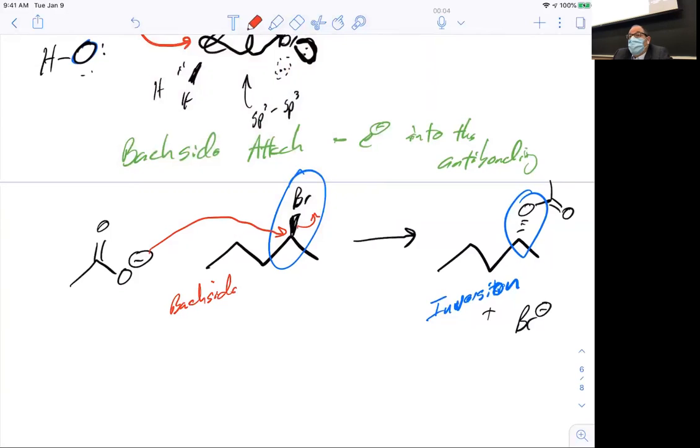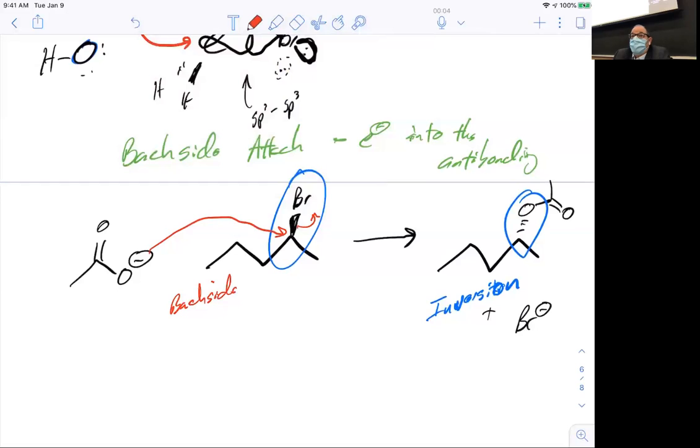Now, it inverts. In most cases, it'll change its name, but don't get R and S confused with the inversion of the stereocenter. Why? In most cases, the group leaving and the group entering will have the same priority, right? Usually it's going to be a heteroatom with an atomic number higher than carbon, right?